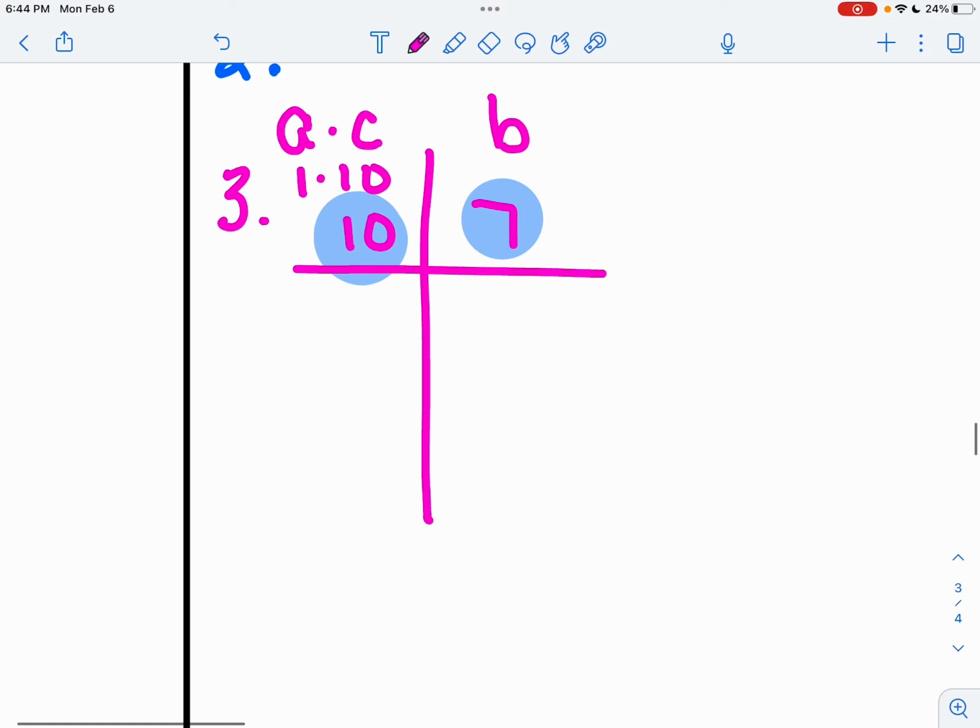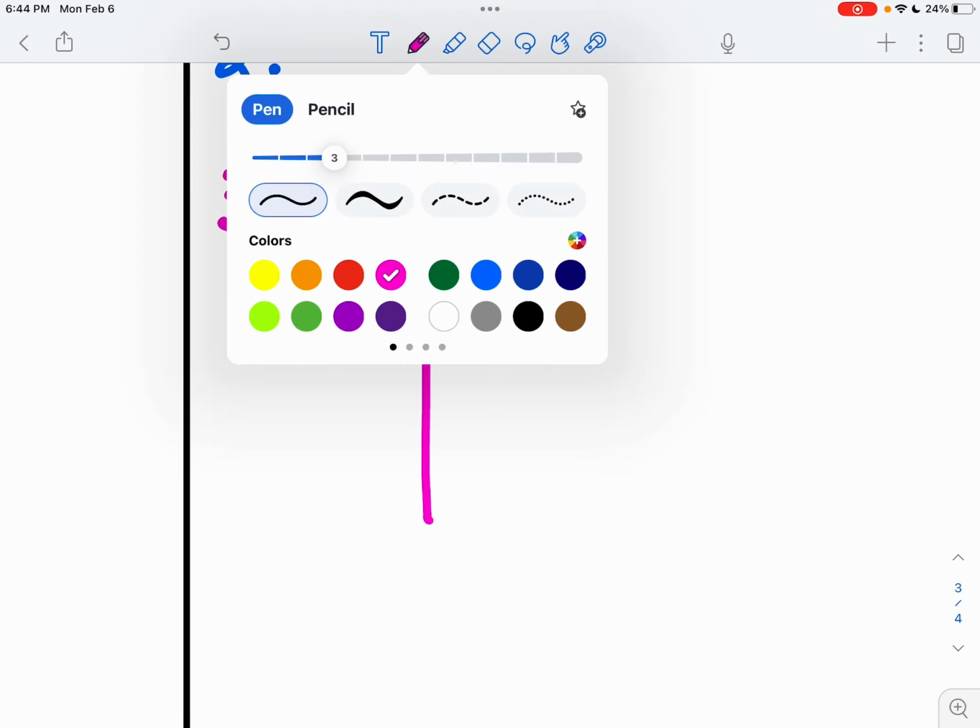Next, you have to find two magic numbers that are going to multiply to 10. So they have to multiply to this 10, and they have to add to 7. Now maybe some of you are like, oh, I got it, it's 5 and 2. Well, good for you. You're probably faster than most if you were able to get it that fast.